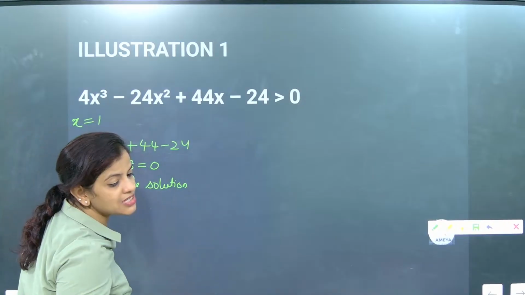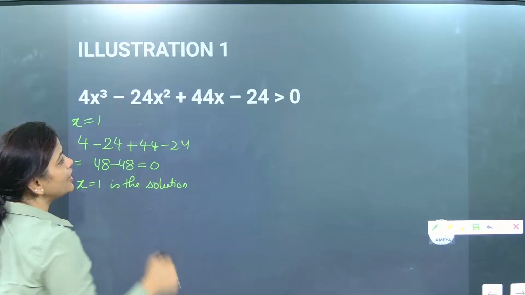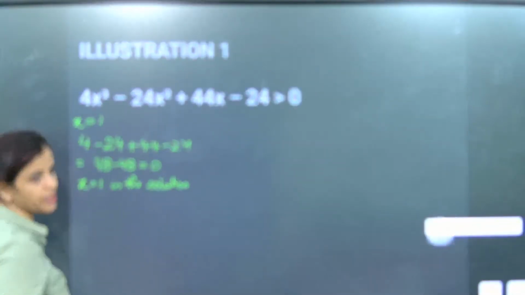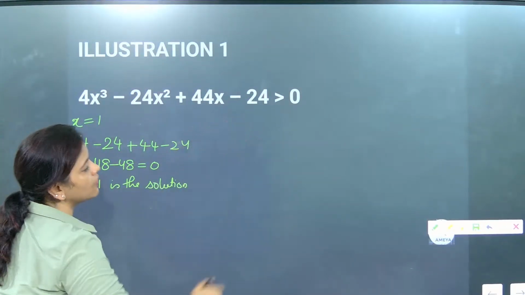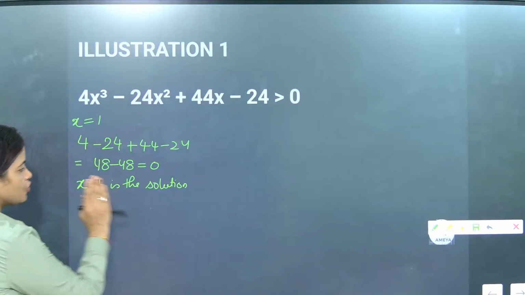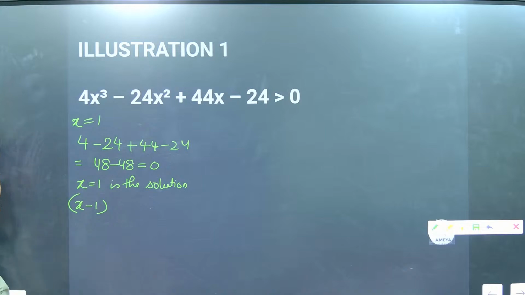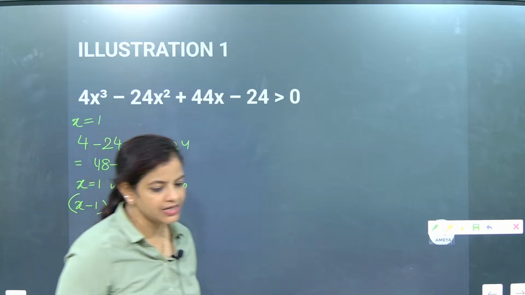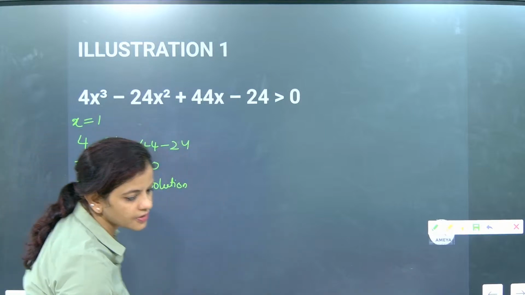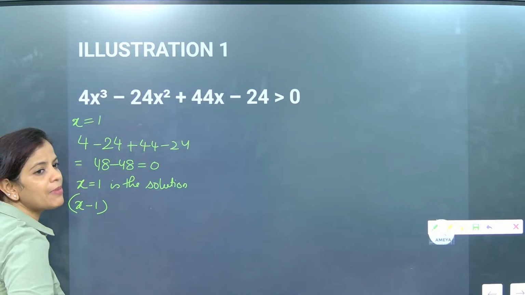One thing you must understand here: this is only for factorization purposes. Here 0 should not be included, because it is a strict inequality. That part must not be there. So now what is our factor? x minus 1 is the factor. If x is equal to 1 is the solution, then x minus 1 will become our factor.